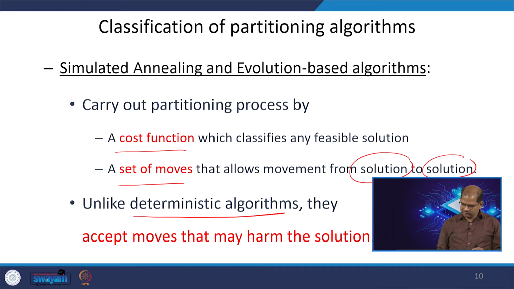In a deterministic algorithm, we always look for an optimal or better solution in each iteration. But in simulated annealing or evolution based algorithms, we accept a solution even if it is a bad solution. Why do we accept a bad solution? Because we have a hope that if I accept a bad solution, I have a chance of getting a better solution in a future iteration.